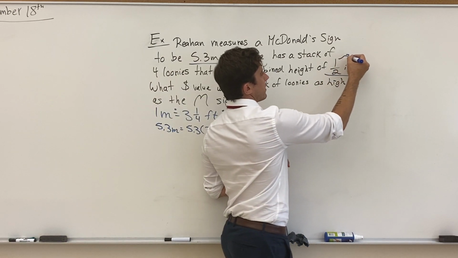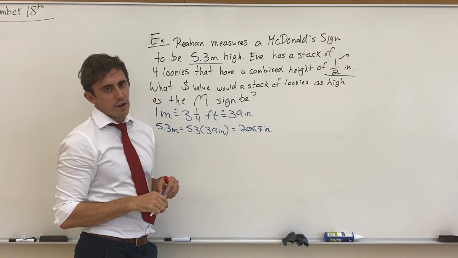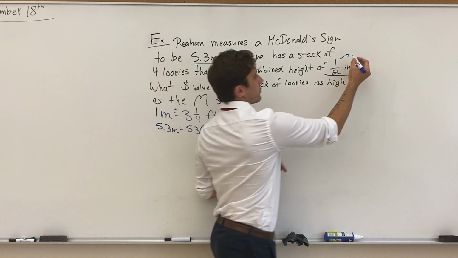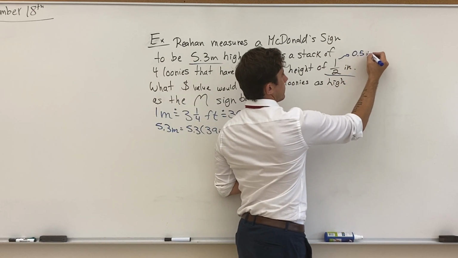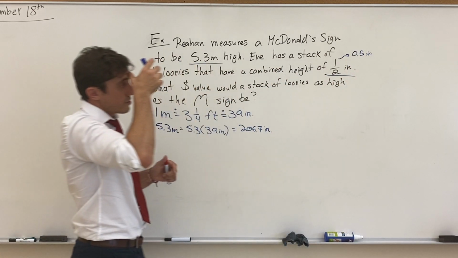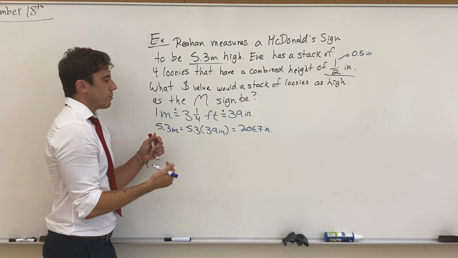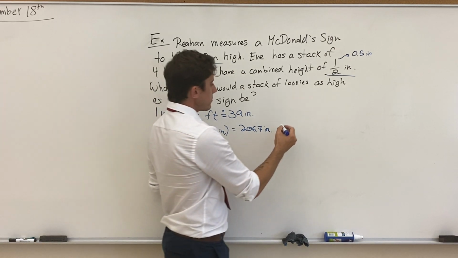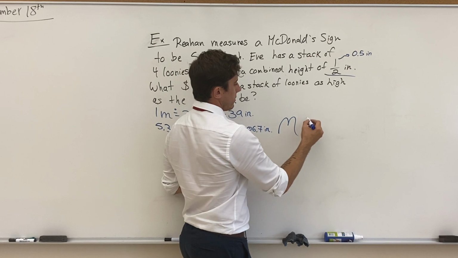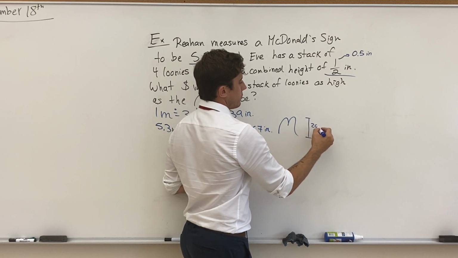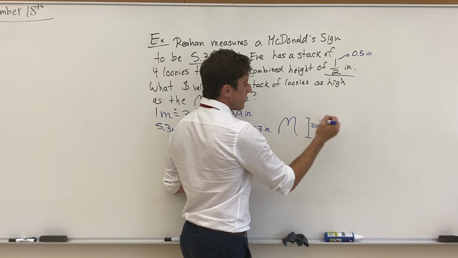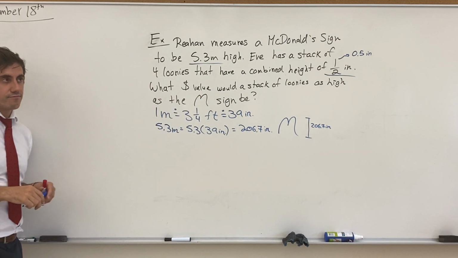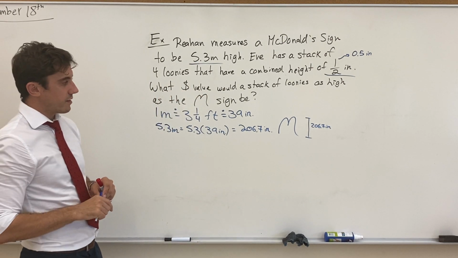So 1/2 of an inch, we started with 1/2 as a fraction, but we can easily change that into a decimal. We know that's 0.5 inches, right? 1 divided by 2 is 0.5 inches. And so now, what we really have is a McDonald's sign that is 206.7 inches high, which is over 16 feet high.